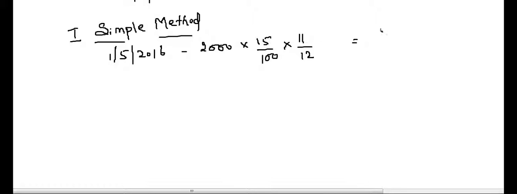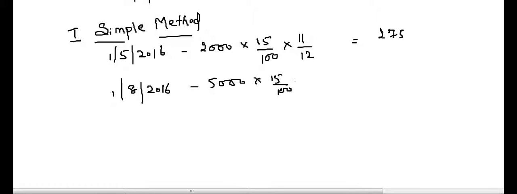This comes to 275. Then on 1/8/2016 he is withdrawing 5,000, at 15% rate of interest. For how many months is he using it? From August to March, 8 months. This comes to 500.